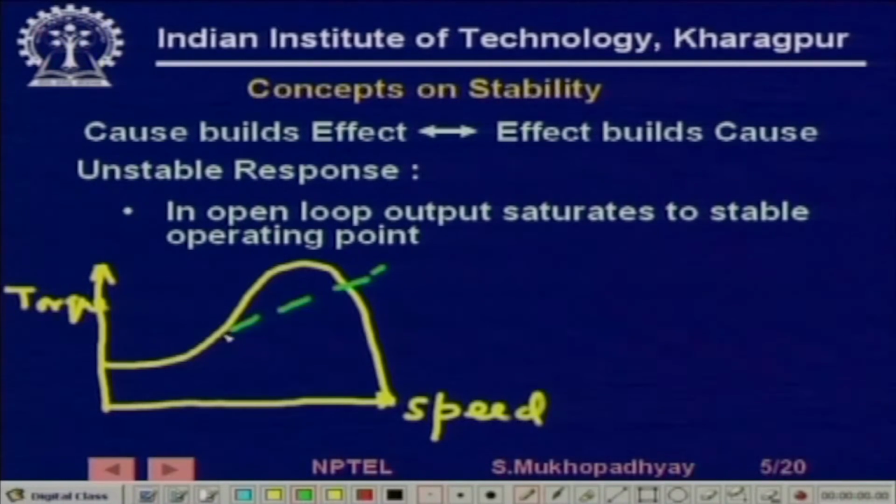So, as the speed increases, the load torque demand also increases. So, this is the load torque speed characteristic. Now suppose we connect the motor to this load and then switch on the motor, what is going to happen?